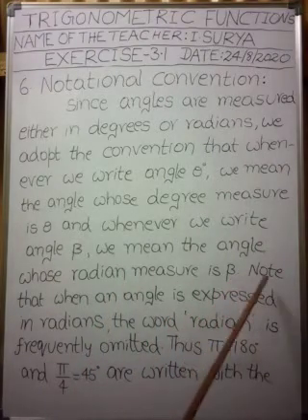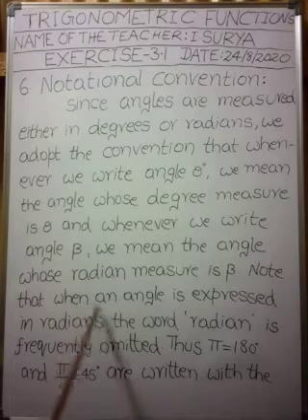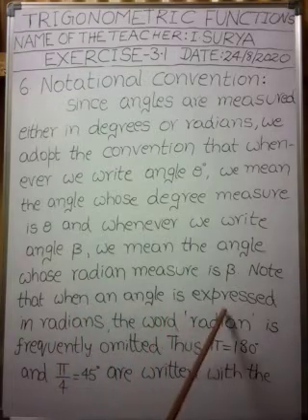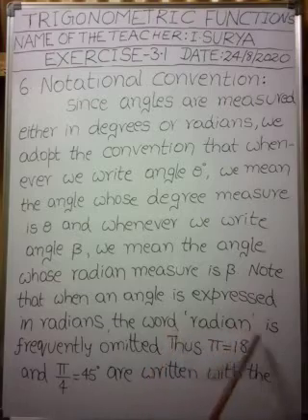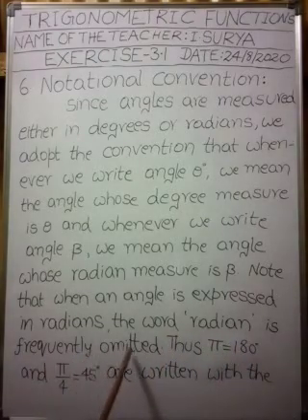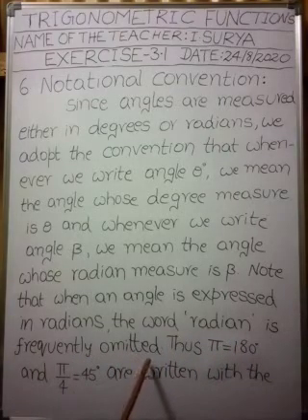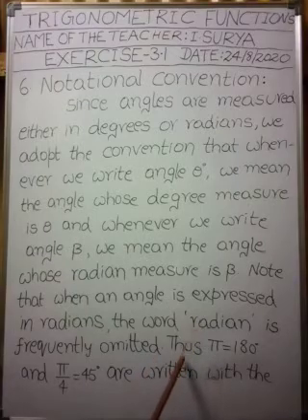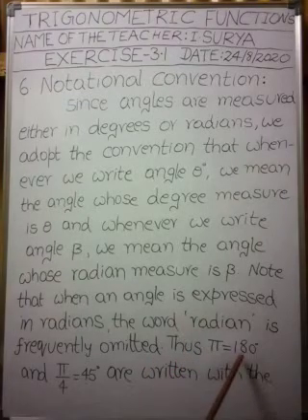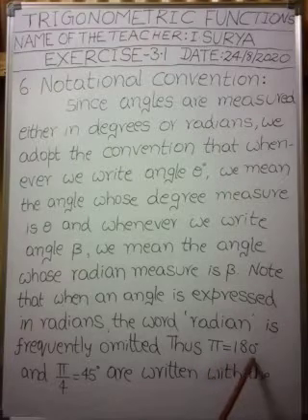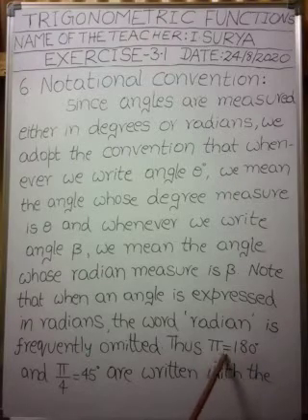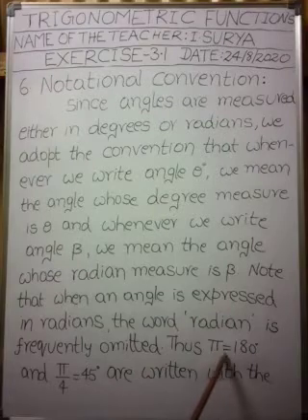Note that when an angle is expressed in radians, the word radian is frequently omitted. We don't use the word radian. Thus, pi is equal to 180 degrees means pi radians is equal to 180 degrees. Observe here, my dear children, we did not write the word radian.